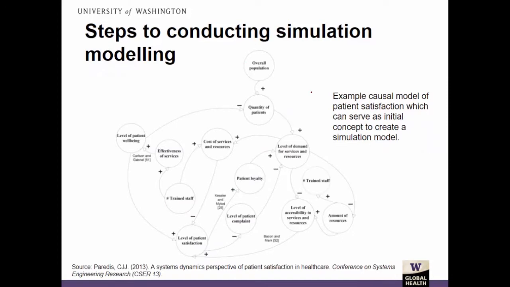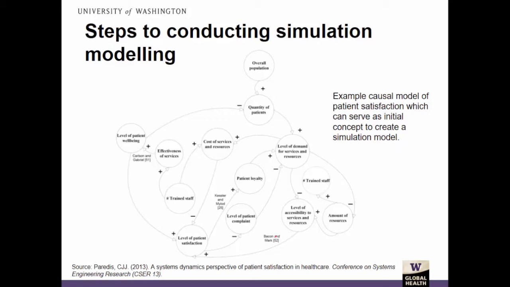Here's another example of more of a causal model of patient satisfaction, which can serve as an initial concept to create a simulation model. So you might want to know all the variables and the factors that influence patient satisfaction if you're going to create a simulation model. And how are they related to each other? You can see in this model that there are a number of pluses and negatives showing the estimated and hypothesized associations.